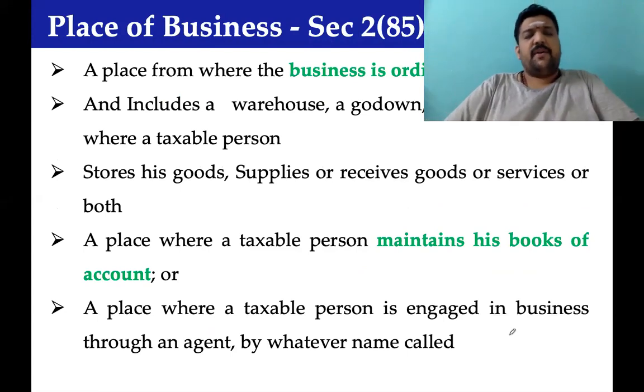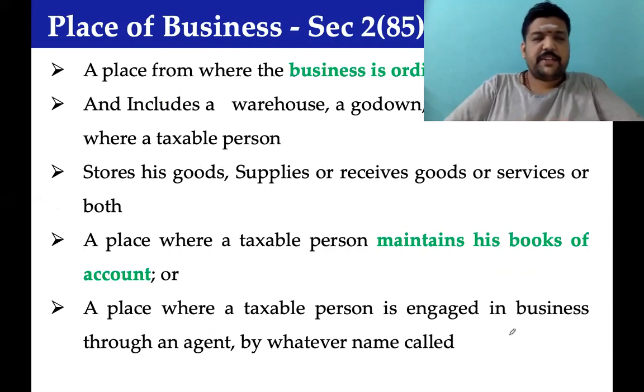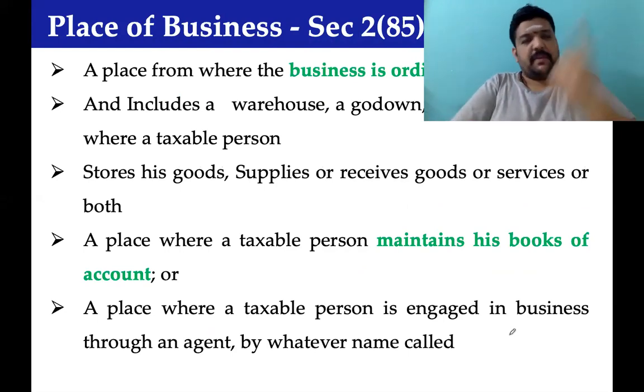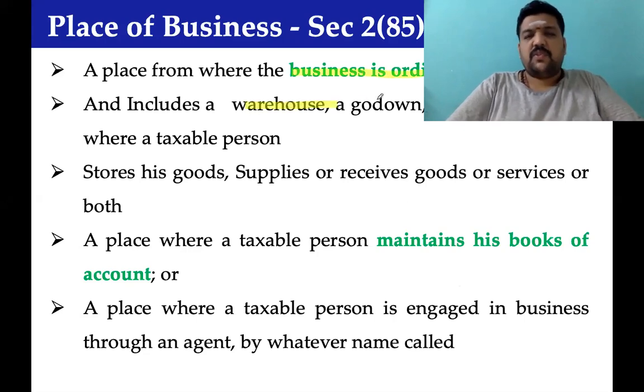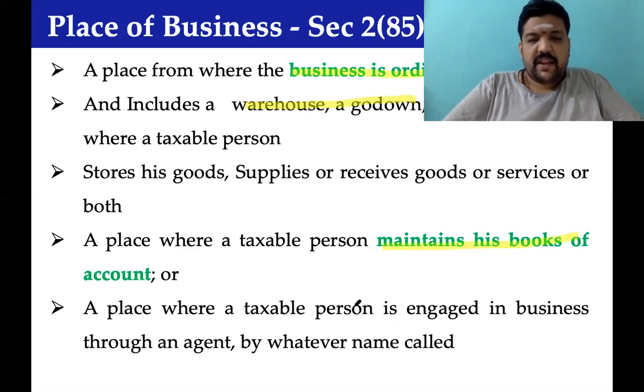This point I have already discussed with you in elaboration when we discussed the principal place of business itself. A place from where business is carried out, a place where goods or material are stored, a place where they maintain their books of accounts, or the place from where a person is engaged in the business as an agent.